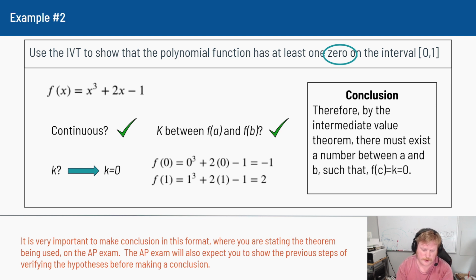And it's very important to remember to make your conclusions in this type of format. It doesn't have to be worded exactly, but you want to state the theorem that was used, and it's important that if the theorem, which most theorems have, has a hypothesis or multiple hypotheses, that you are showing the work to indicate the truth of those hypotheses before making those conclusions.